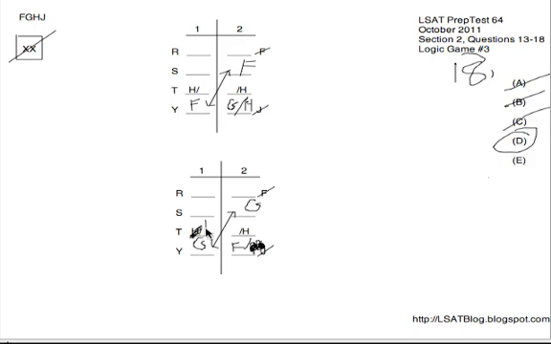That would force T2 to be H, and then we would have to have the first H on R1, because if we had it on R2, or if we had it on S1, then we'd have to have both of the J's on top, which isn't going to work. So therefore, we're going to have J on S1, J on R2. This works out perfectly fine. Therefore, we can eliminate E, leaving D as our answer for number 18.